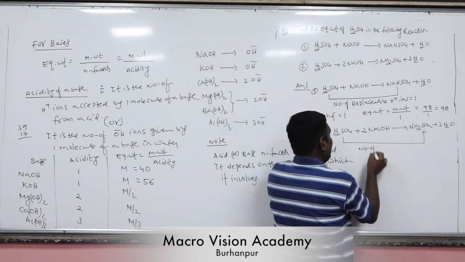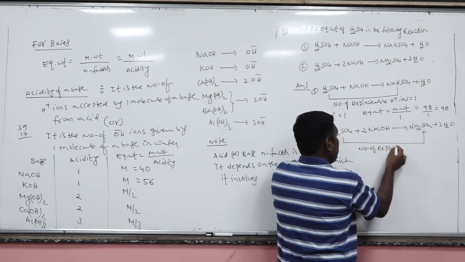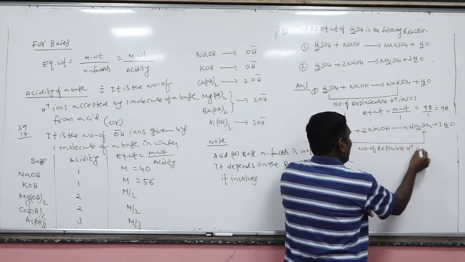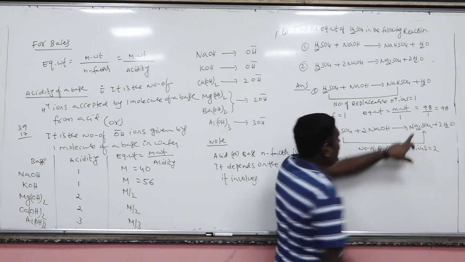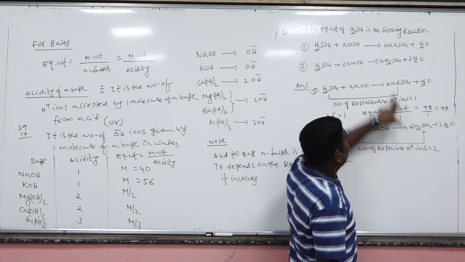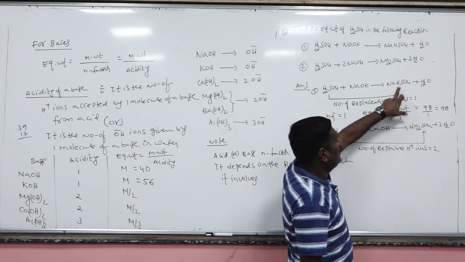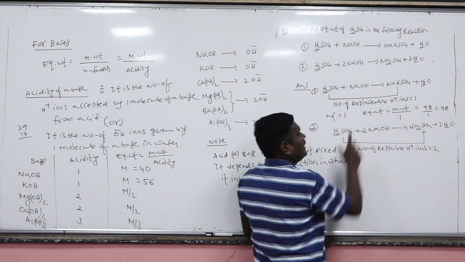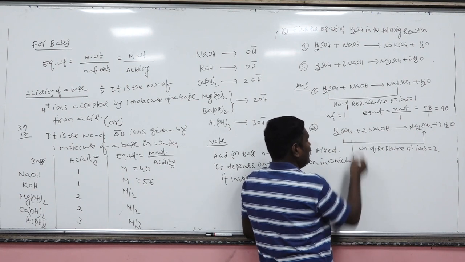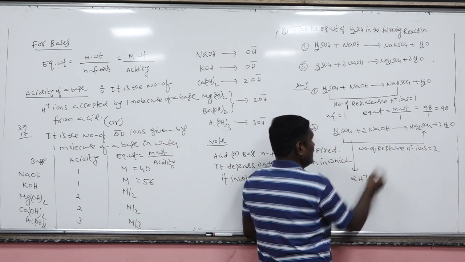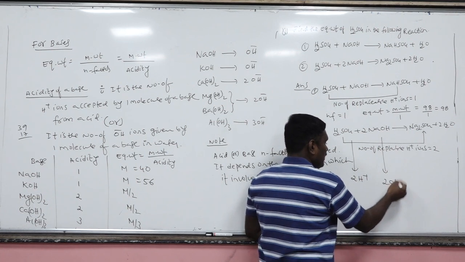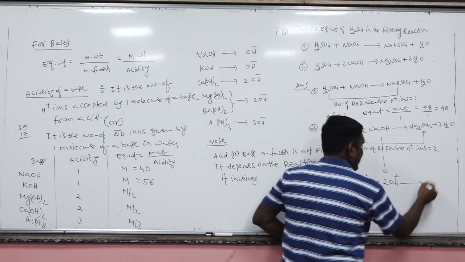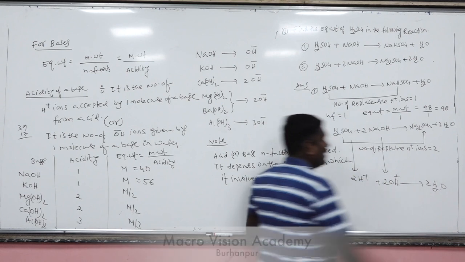No more hydrogen will be present in this salt, whereas in the earlier salt one hydrogen is present. That means complete neutralization occurs. This acid will produce 2 H plus ions, this base will produce 2 OH minus ions, and both will combine to give 2 moles of water.